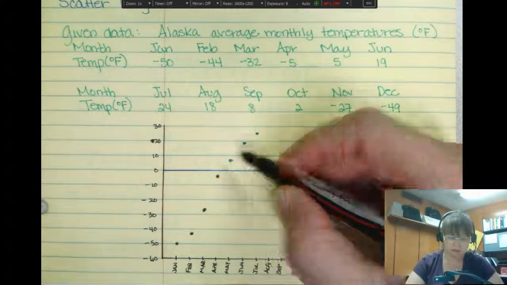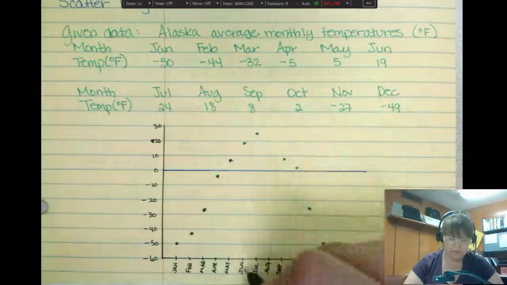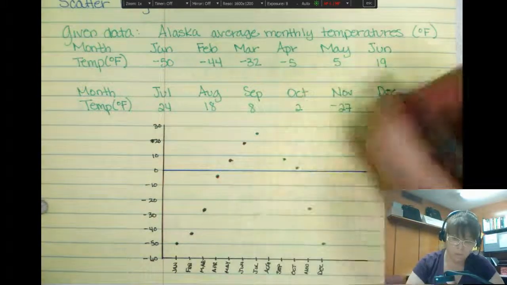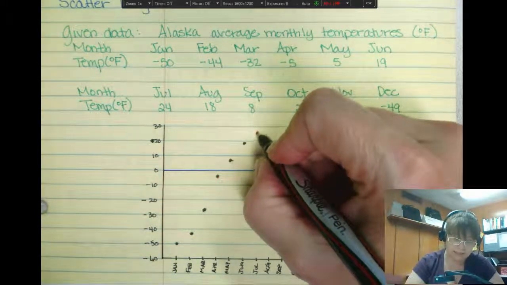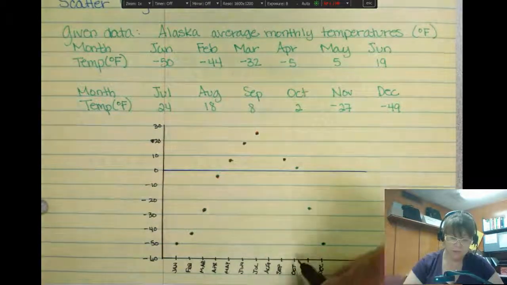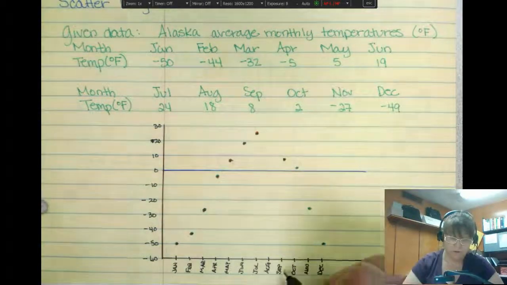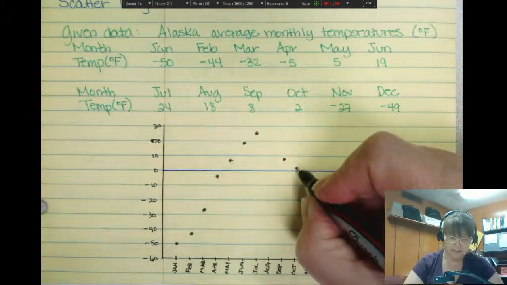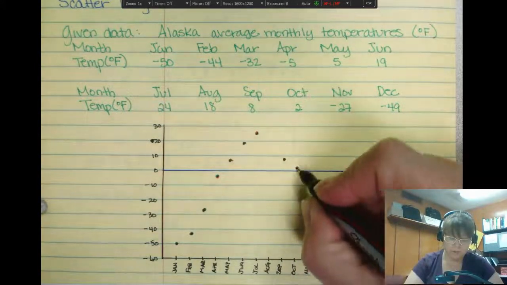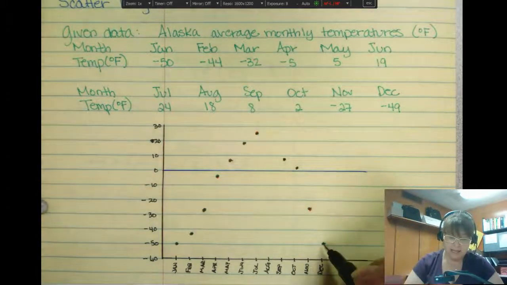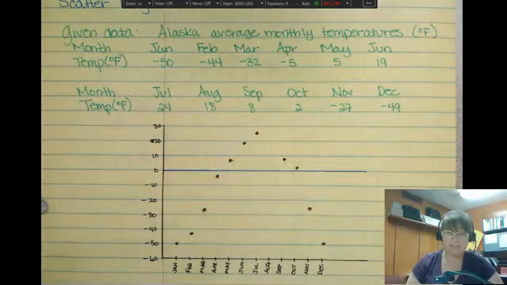So for each month, we're going to plot where they land on our scale. July was all the way at 24. August at 18. September at 8. October is 2. November is negative 27. And December is negative 49.